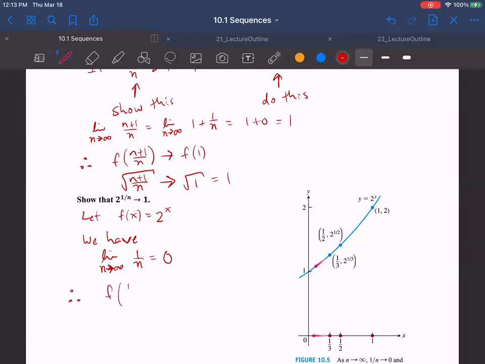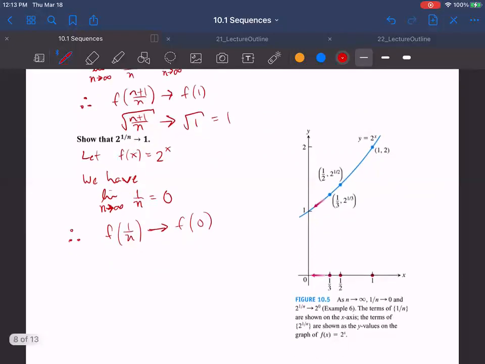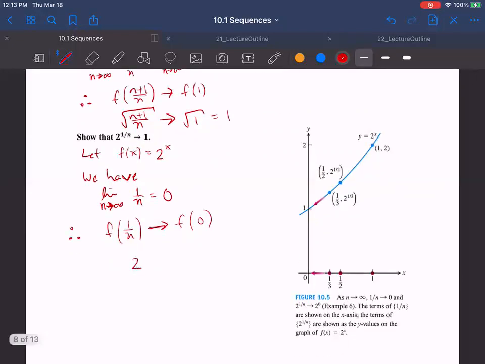Therefore, f of 1 over n, and so 2 to the 1 over n goes to 2 to the 0, which is 1.